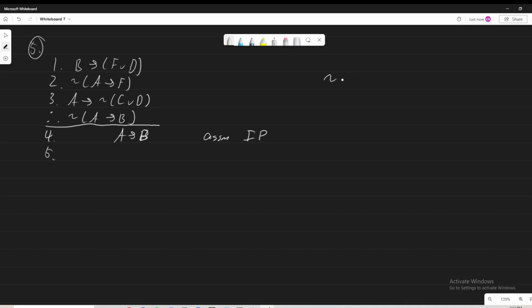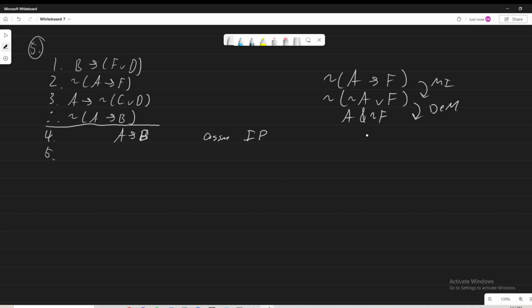Currently in line 2, we have if A, then F. Using material implication, we can get that to not A or F. And then using De Morgan's, we can get that to A and not F. So to get there, we used material implication, and then to get there, we used De Morgan's.